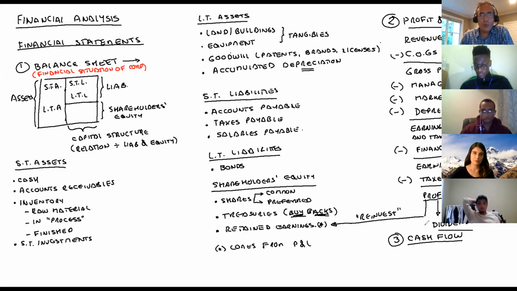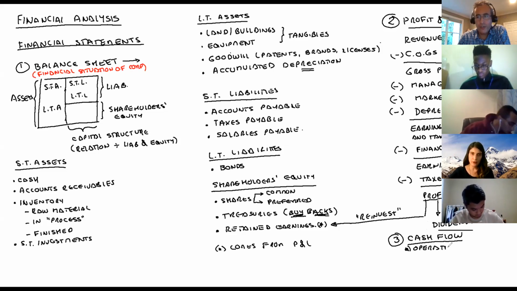But the cash flow is purely cash, it's money, okay? And how do you create cash in a corporation? Well, you create cash by operations, so you sell and the people pay you cash. So this is the cash flow coming from operations. You can also bring cash to the corporation by a loan, financing.